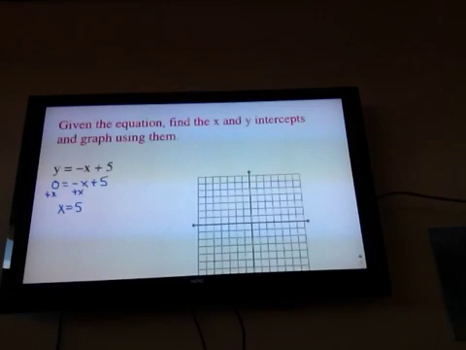So my X-intercept is 5, 0. I just put a 0 for the Y, and I got X is 5, so that makes the ordered pair 5, 0. Now let's find the Y-intercept, which means we're going to put a 0 where the X is.